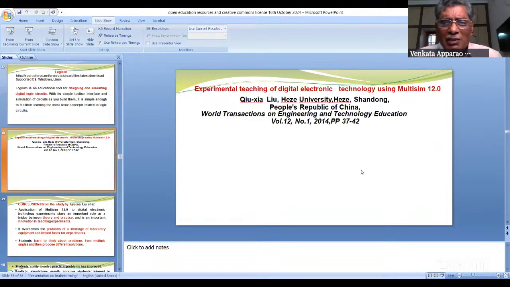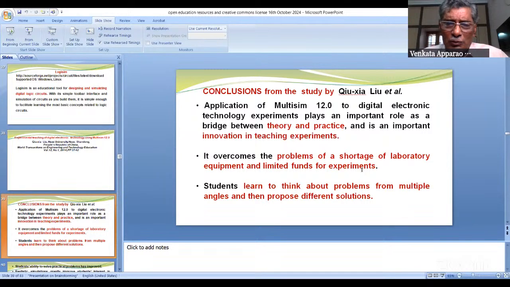They have done research, experimental teaching of digital electronic technology using Multisim, one software. So Multisim 12.0 version, they have done research. What are the benefits of using this software to the students?